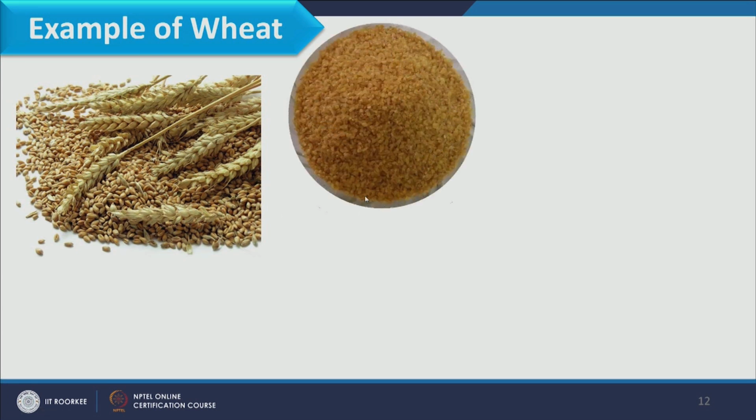In this figure, we have another product from the same source, wheat, which we call dalia. Dalia is nothing but a smaller size of wheat, and it is very healthy food because it contains fibers, protein, etc., but due to its size it cannot be taken directly. So we reduce the particle size of wheat to make dalia.